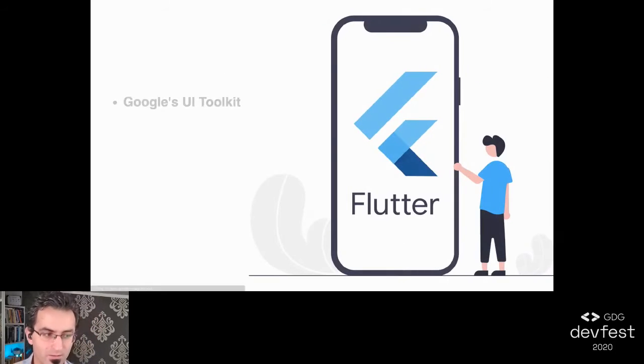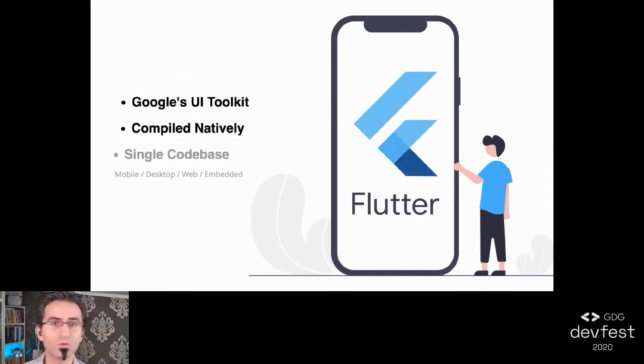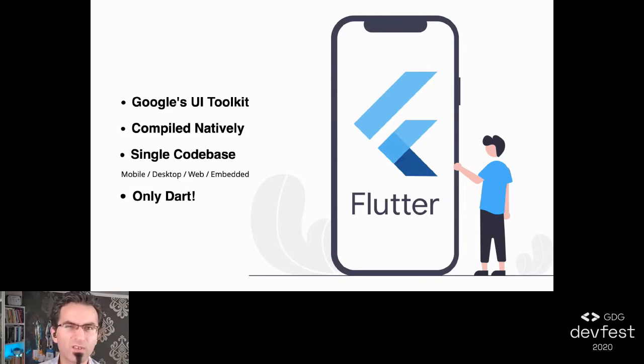But let's get started. Let me tell you quickly what Flutter is. Flutter is just a UI toolkit. It's a framework to help you create something with UI widgets and components very quickly and very beautifully. And it compiles all of those UIs to native code, which means that they're going to run very fast and very smooth.